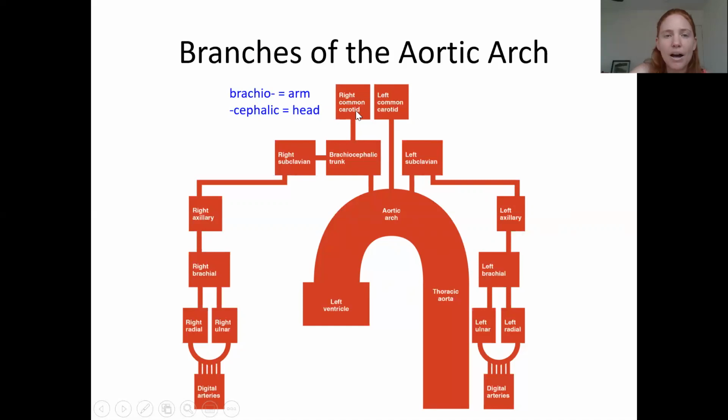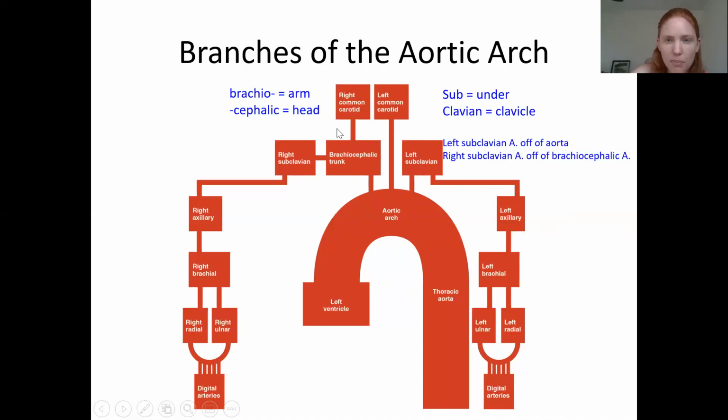Okay, now, next one, let's talk about the common carotid arteries. They are going to go up to the head. You have two of them. You have the right common carotid artery and the left common carotid artery. Now, in general, the arteries for the right and the left side of the body are going to be symmetrical with each other, so you don't need to designate right or left unless, this is very important, unless they are not symmetrical with each other.